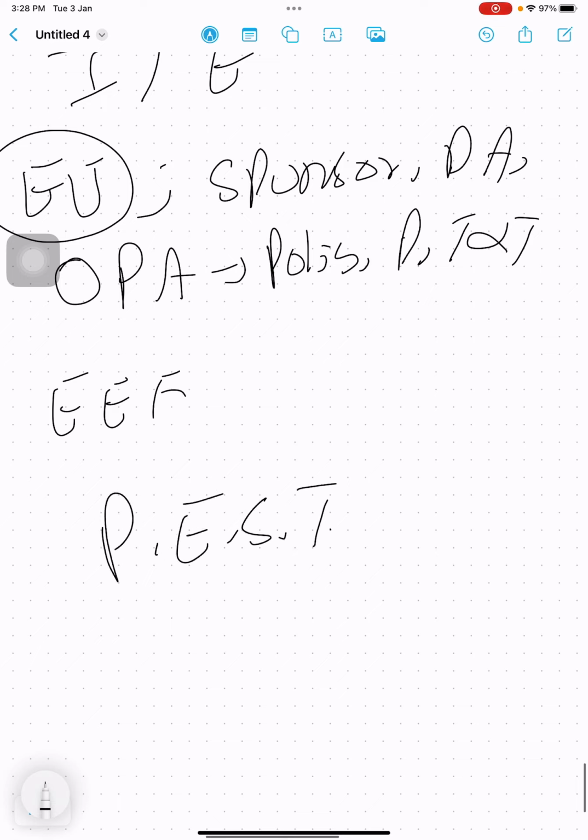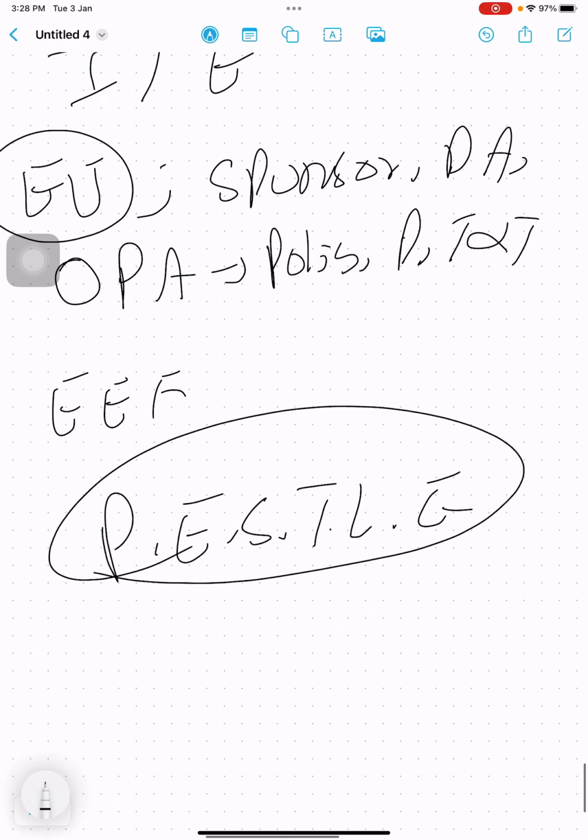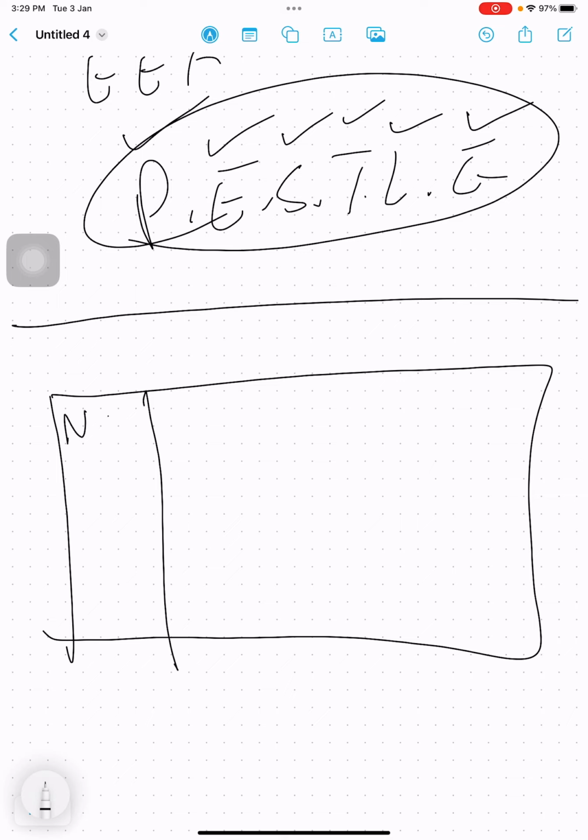What are those? Political, economical, social, technical, legal, environmental. We identify all the stakeholders and put them into a comprehensive stakeholder register, which will have name, maybe job description, power, interest, things like that.